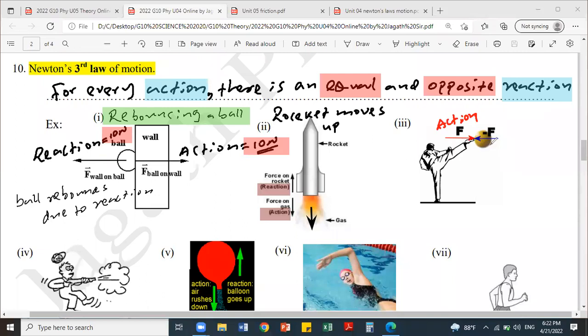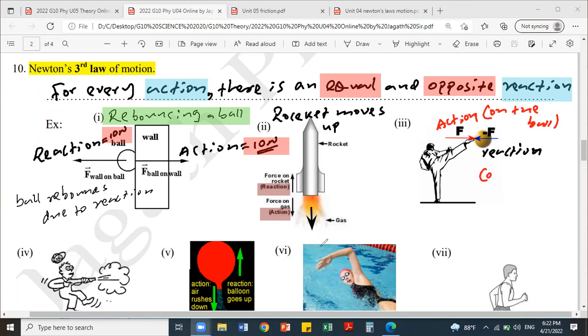Sometimes you get joint pain because of the reaction. Reaction on the shoes or on the feet. Action on the ball, reaction on the feet.